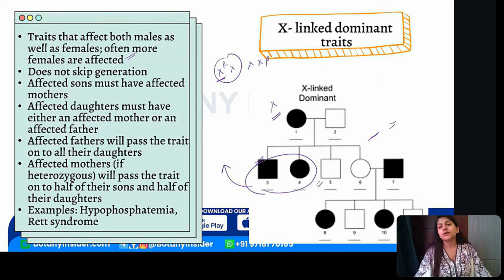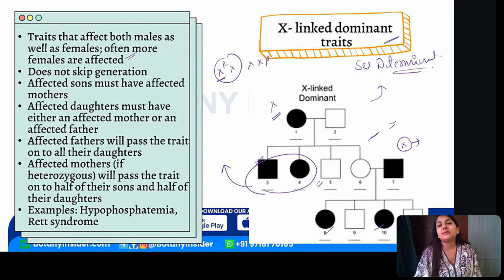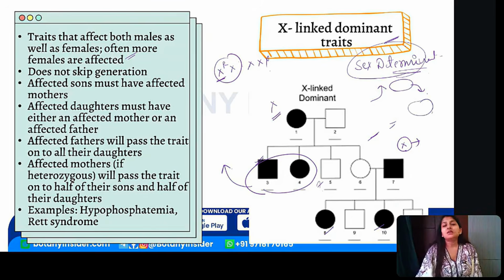Now also remember, if a male is carrying that particular trait which is X-linked dominant, all the daughters will be carrying it. Because when we learn about sex determination, it is the father of the child that actually determines the sex of the next generation, because the female can impart only the X chromosome.